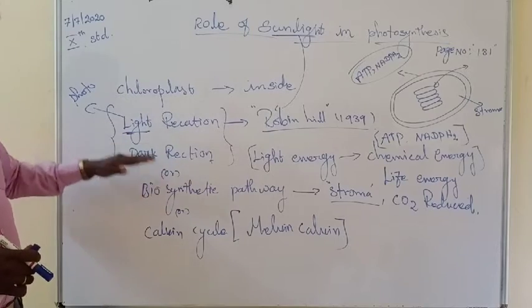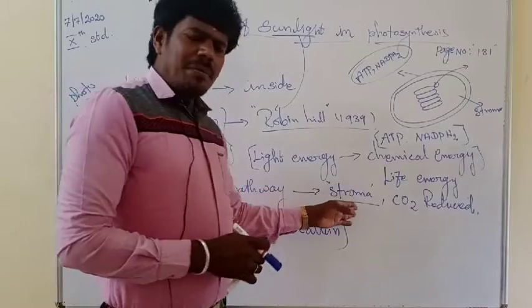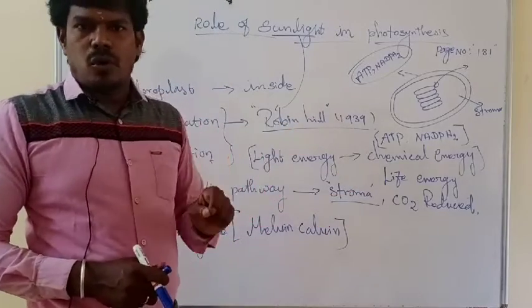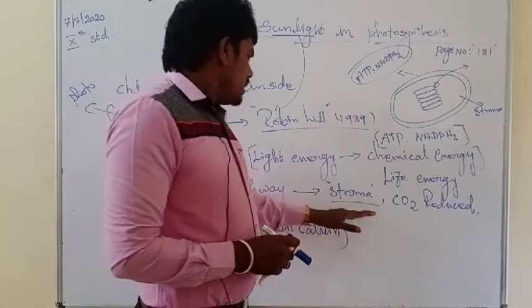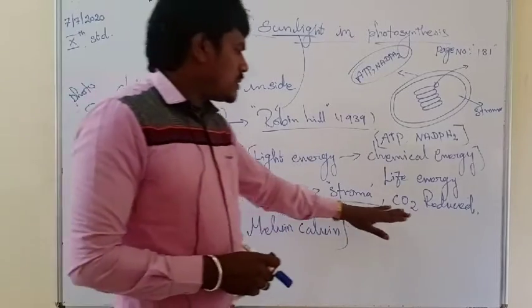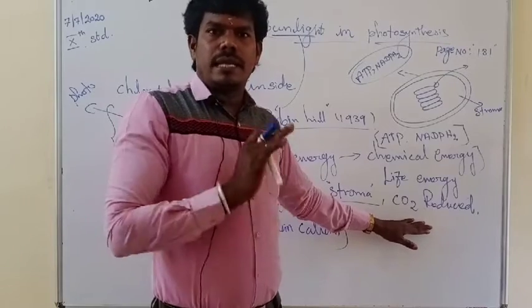This reaction takes place in the stroma, which is present inside the chloroplast. During this process, CO2 enters first. That means the CO2 is reduced in these reactions.